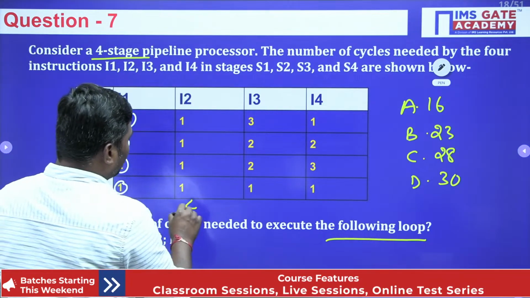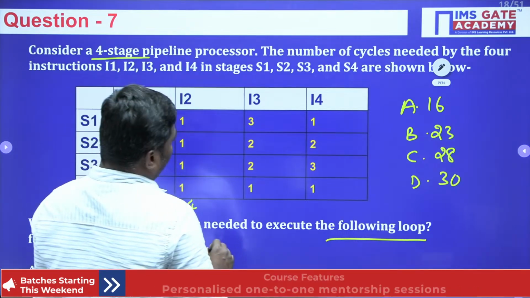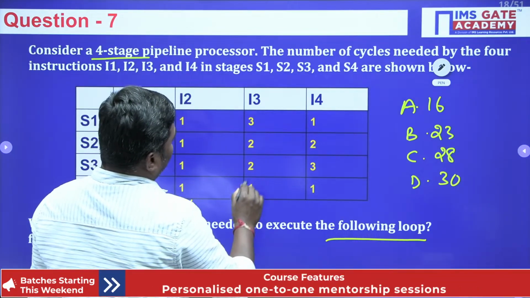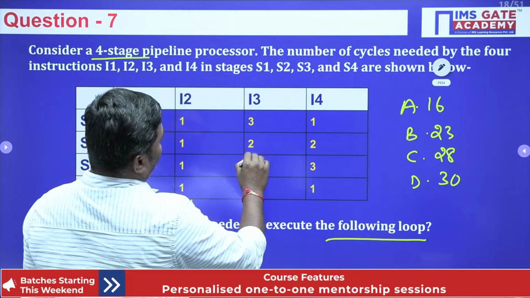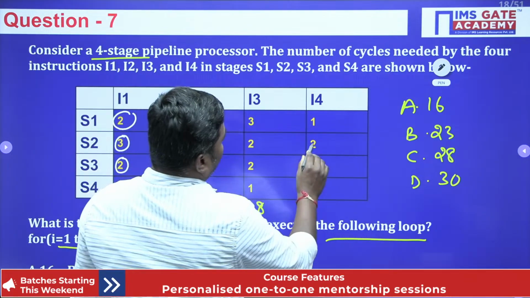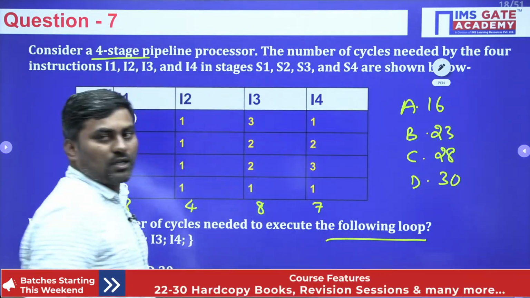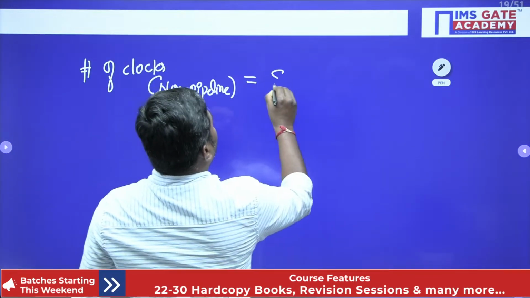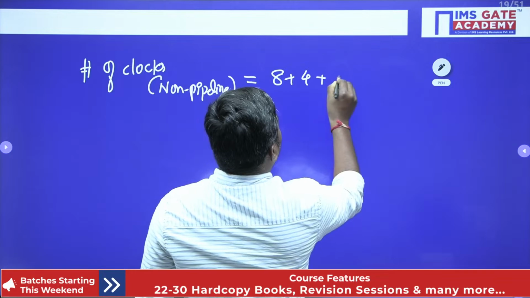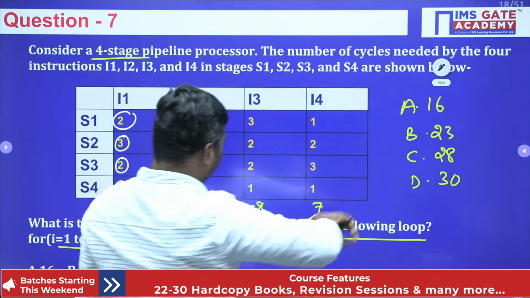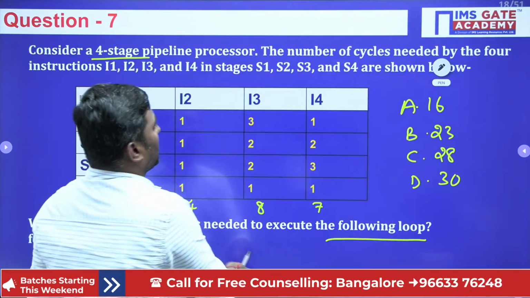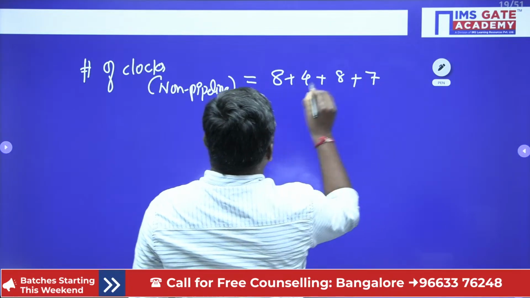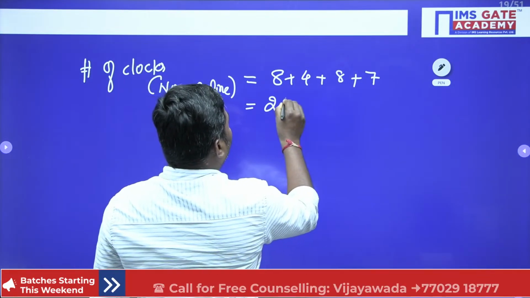Instruction 2, 4 clocks required. Instruction 3, 5, 7, so 8 clocks required. Instruction 4, 7 clocks required. So now 8 plus 4 plus 8 plus 7, and the loop repeats, giving 27 clock cycles required.